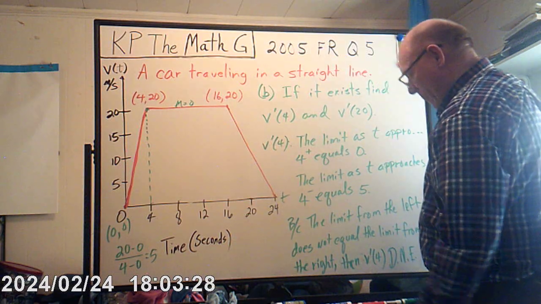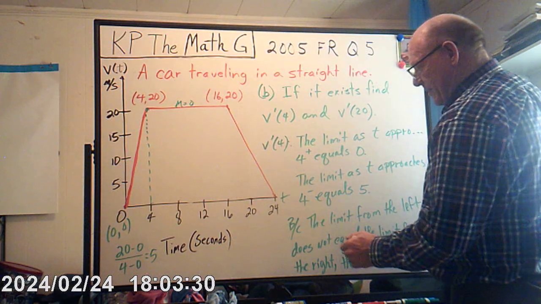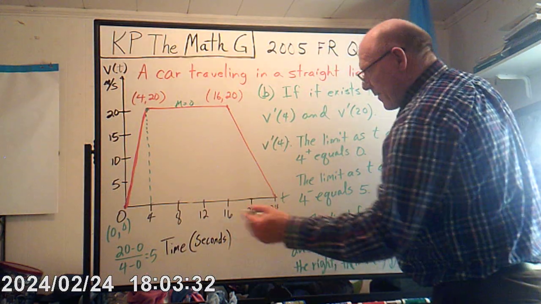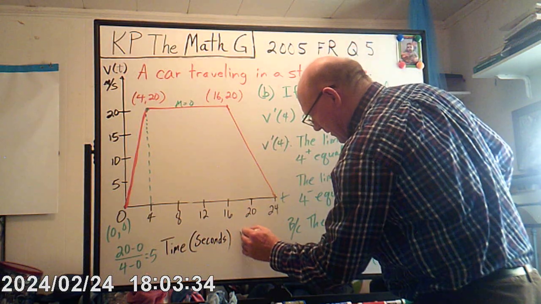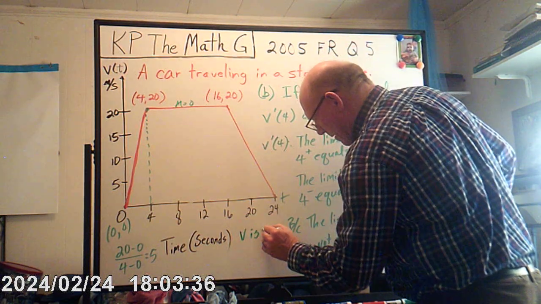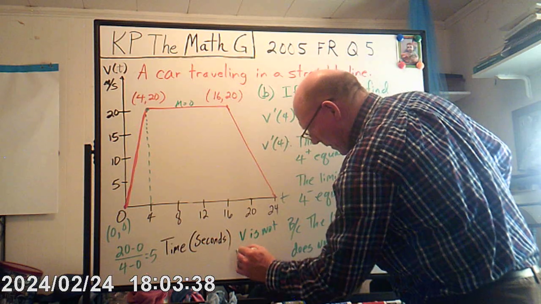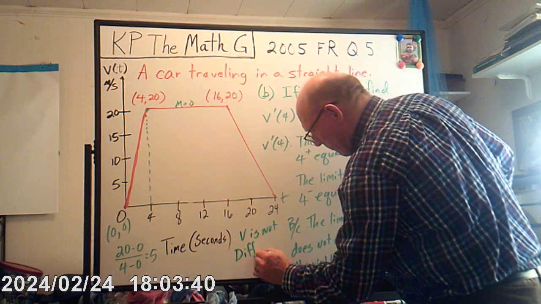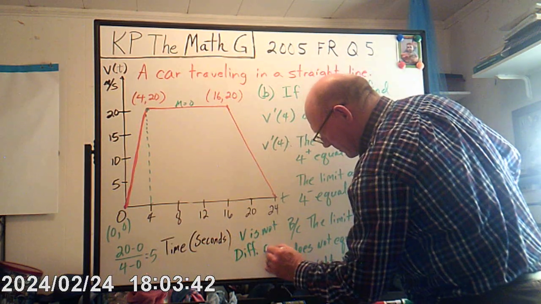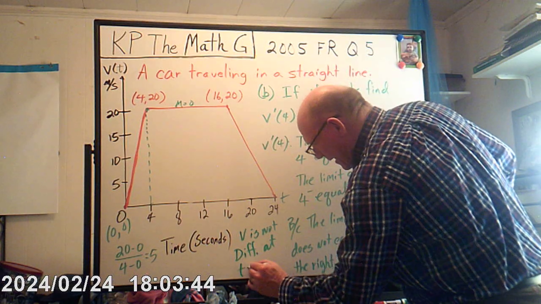And because it does not exist, v is not differentiable at t equals 4.